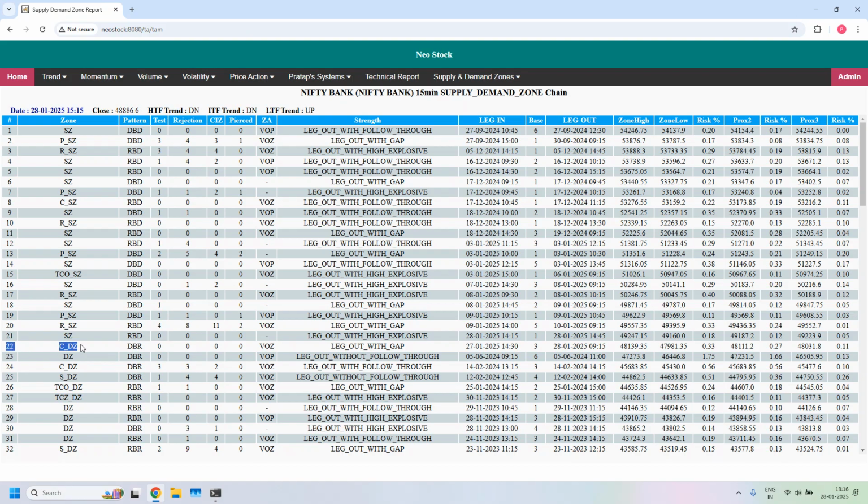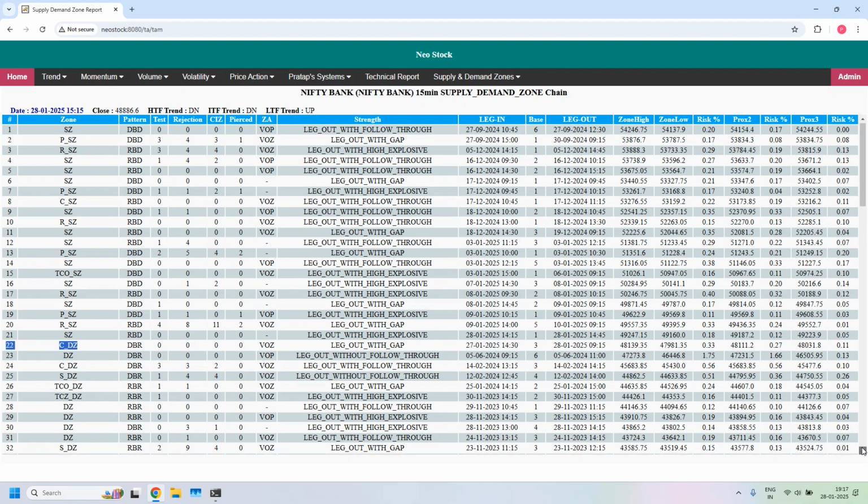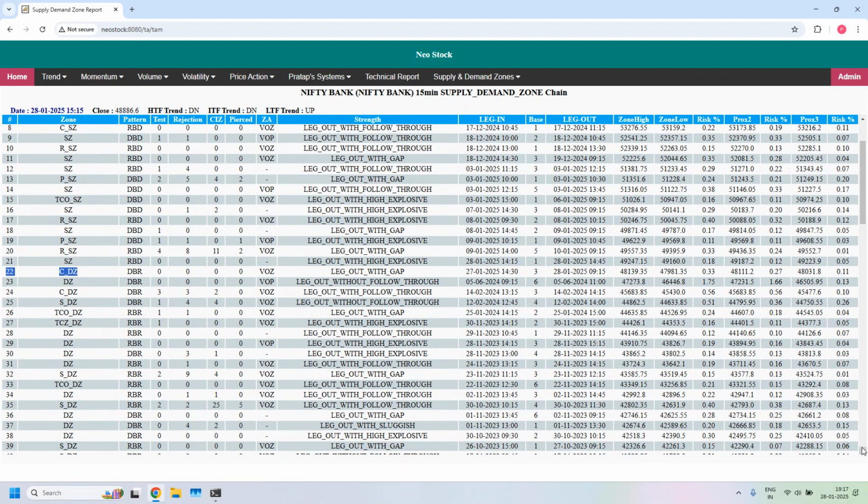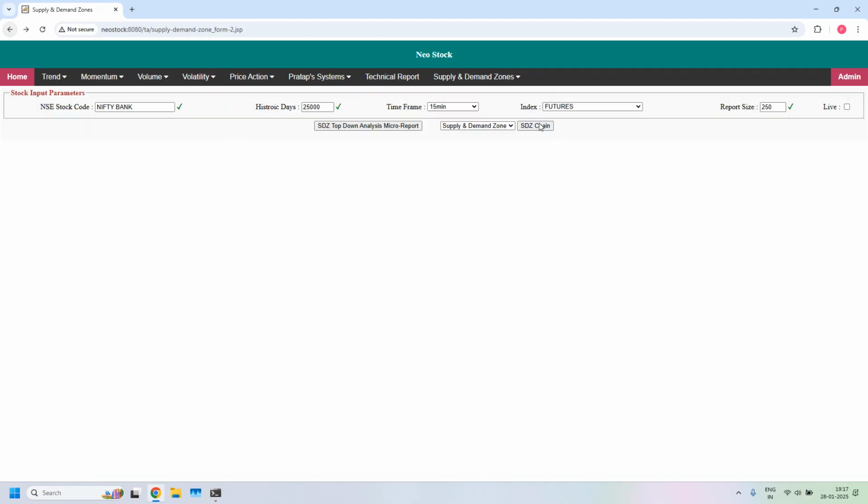22 is the most recent, nearest demand zone to the current closing price. I'm scrolling the list down. Okay. So below all are demand zones, above all are supply zones. Okay, next 5 minutes supply demand zone chain for BANKNIFTY.